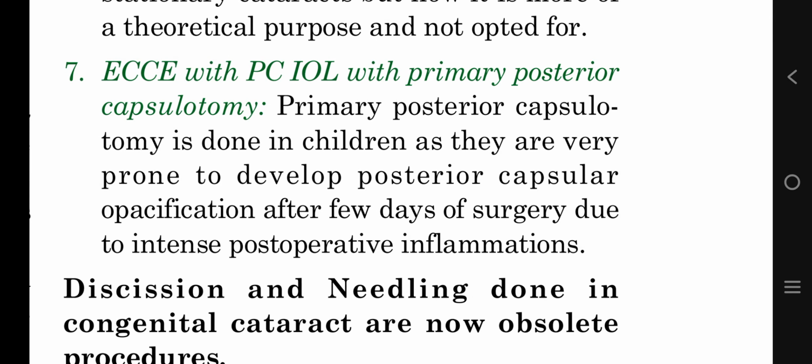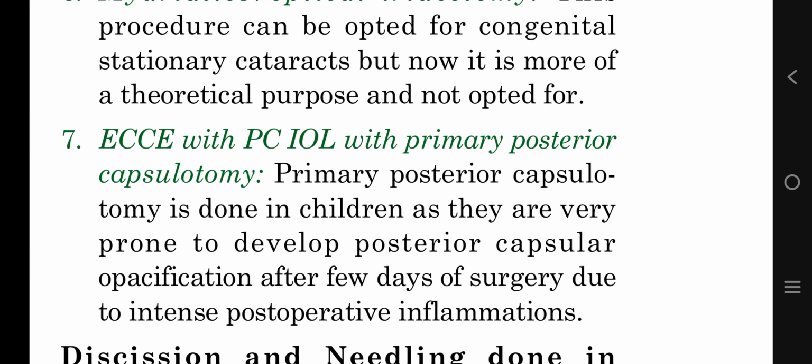Next, ECCE with PCIOL with primary posterior capsulectomy. Primary posterior capsulectomy is done in children as they are very prone to develop posterior capsular opacification a few days after surgery due to intense postoperative inflammation. Children are at very high risk of postoperative inflammation in eye surgeries.